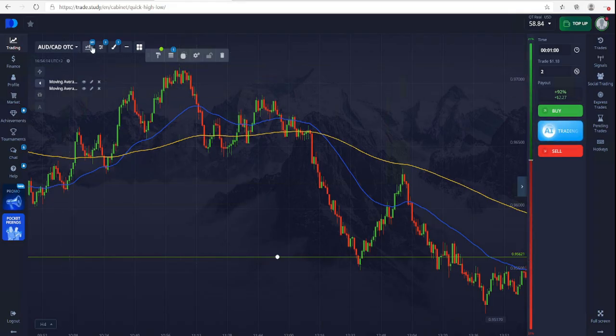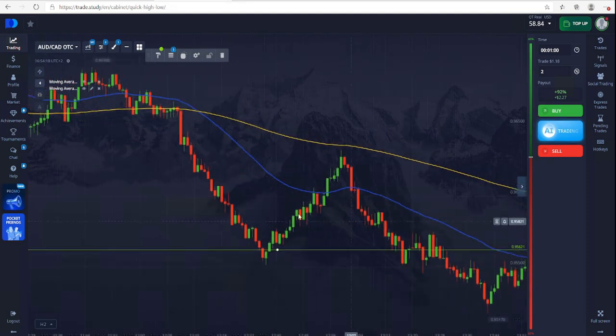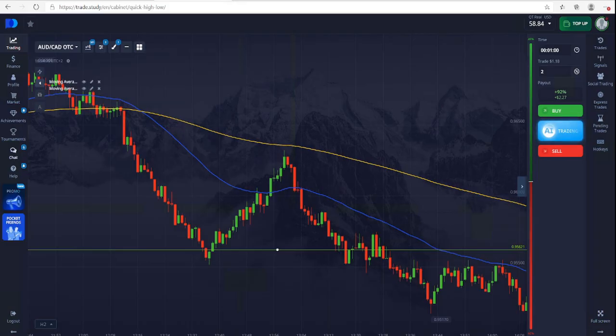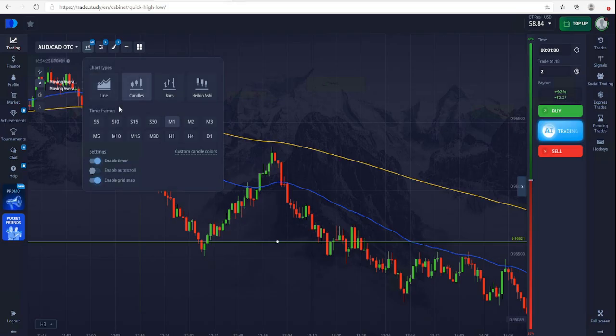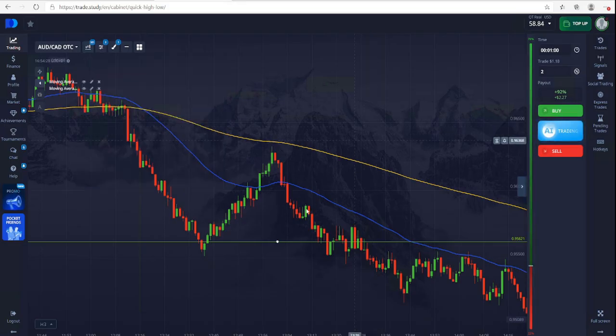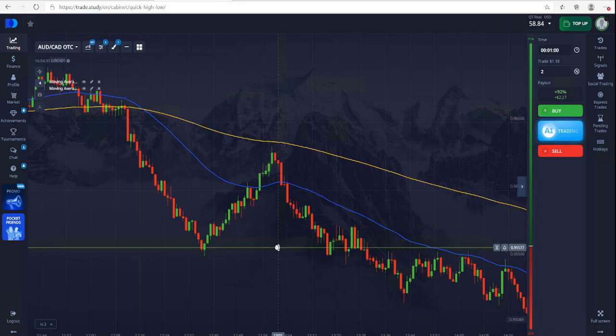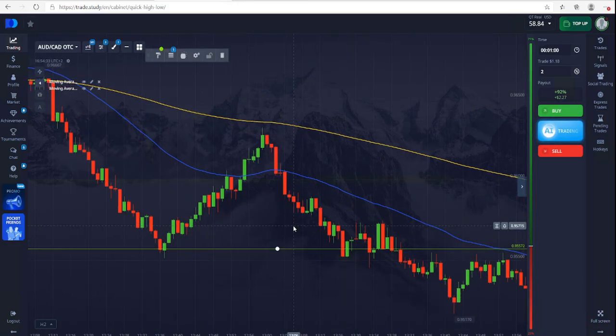Don't go to 5 seconds, because the 5 seconds candle looks somehow awkward. You can use the 15 seconds time frame and use the 15 seconds expiry also. I'm just using the 1 minute to explain, and it can work on any time frame.